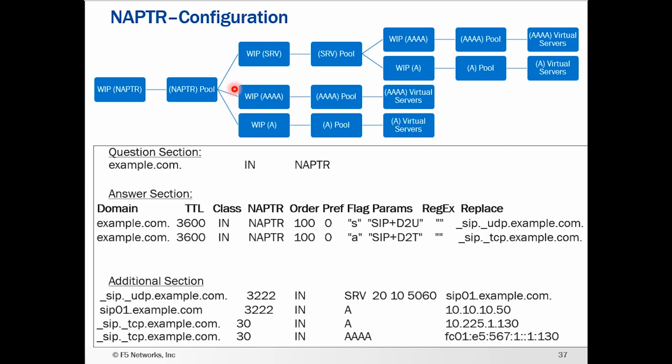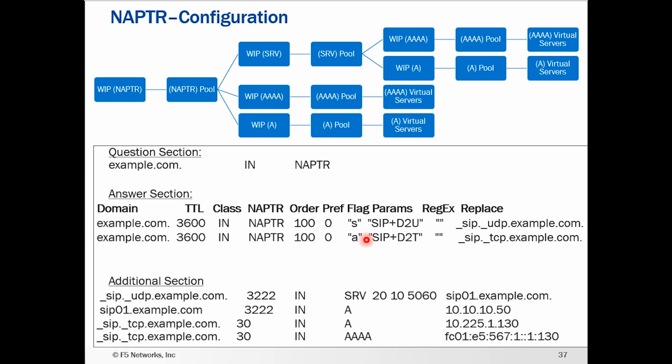How we know that is the NAPTR or the wide IP name for this is example.com, and the question was for a NAPTR record, and it's returning two different answers for example.com. We look at this flag here, this one has an S and this one has an A. So this one's going to return an SRV record and this one's going to just return an A record. We should get a named answer for that.